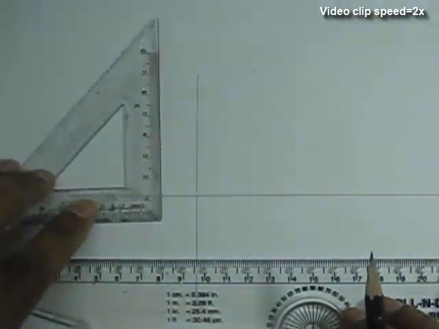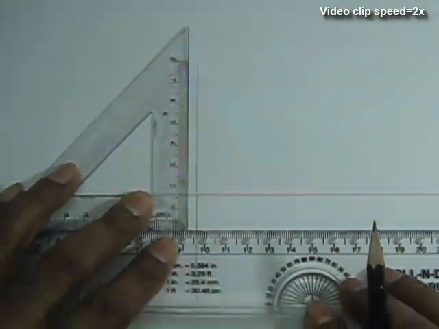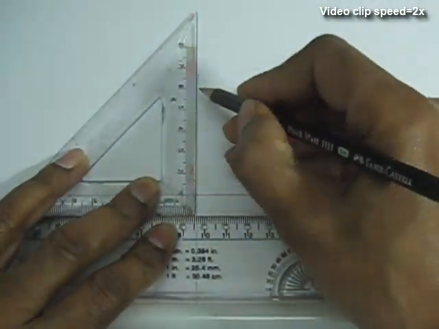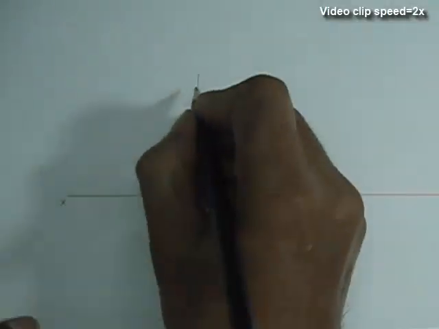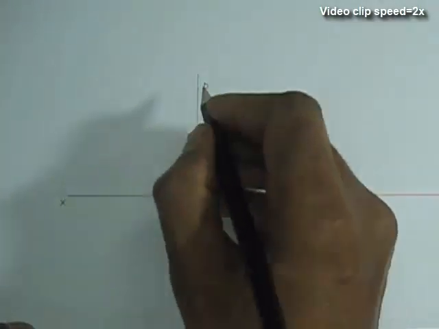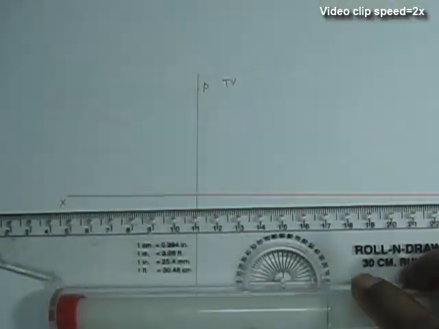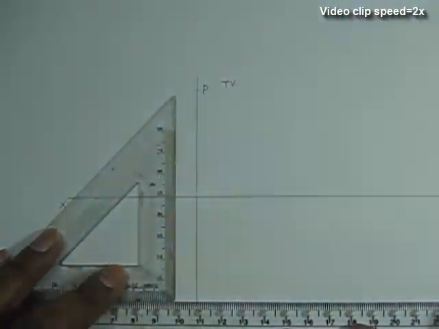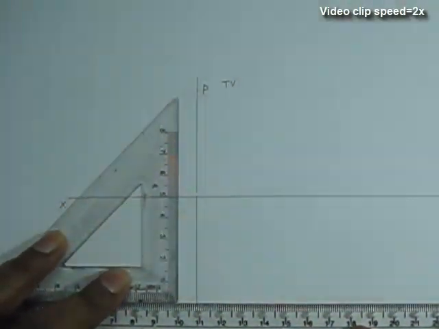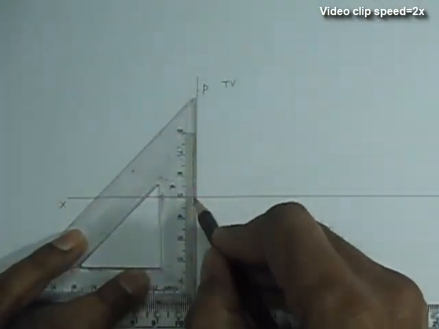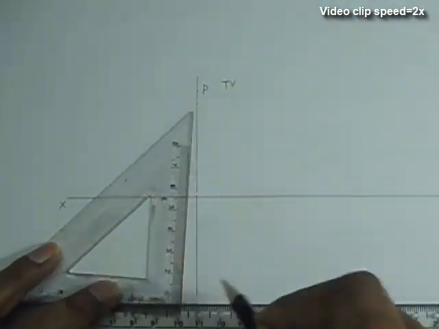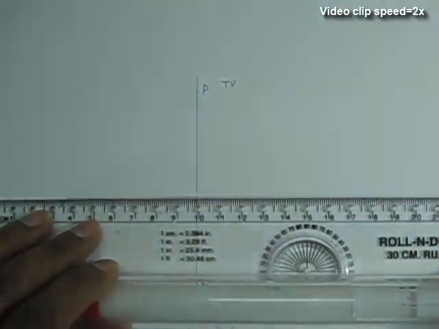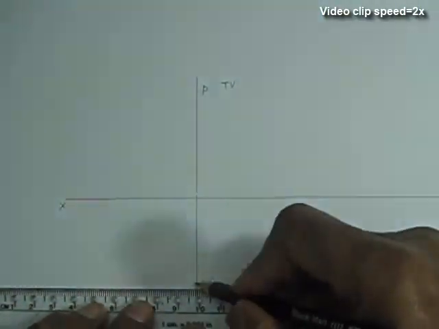So first we draw the reference line XY and a vertical line or a normal to the reference line, and on this line we will show the front view and the top view. So top view is above the reference line and front view is below the reference line as shown before. Finally, we can do the dimensioning.